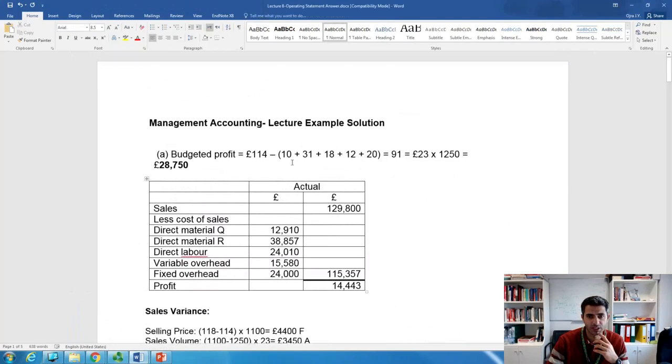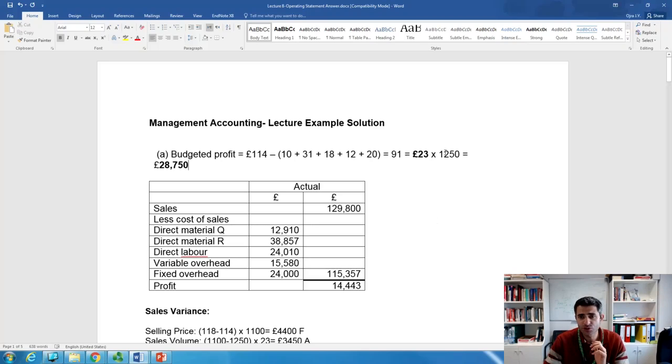The total cost equals £91, and the budgeted selling price equals £114. So £114 minus £91 gives you £23. So £23 is called the standard profit margin or the budgeted profit margin. Write it down.